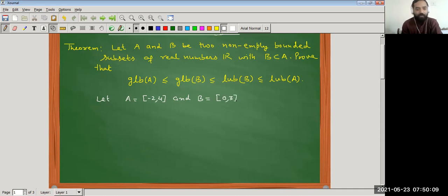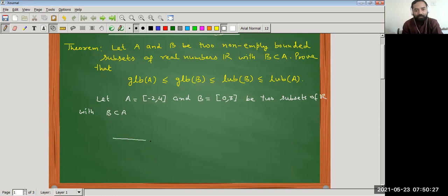These are two subsets of real numbers R with B contained in A.